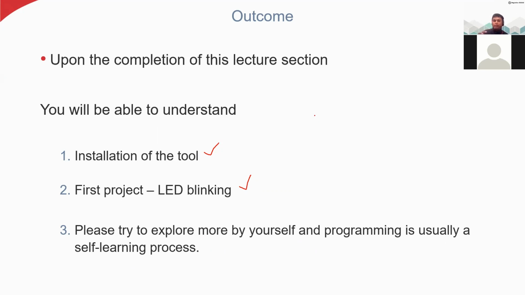For example, you want to set up the timer and blink the LEDs only once every 60 seconds or every 30 seconds, or read the sensor data and display it in some other interface. So, some practical applications.